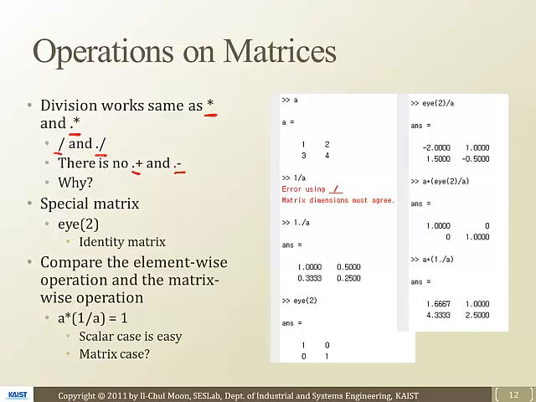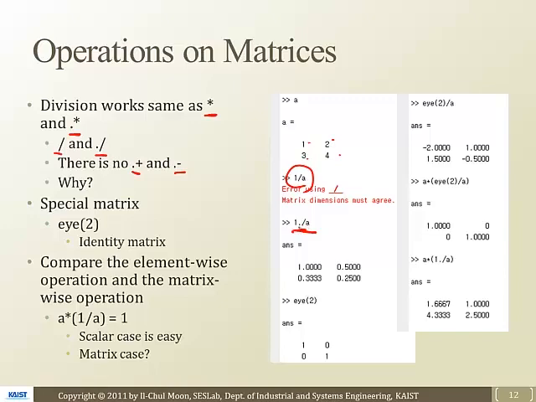So we have this dot slash operation, and here we have A 1 2 3 4, and 1 divided by A. It's not going to work because the matrix dimension doesn't match. Division is just another way of doing multiplications, right? So dimension should be matched. If we are not going to match the dimension, then actually we can perform the array-based matrix multiplication or array-based matrix division, right?